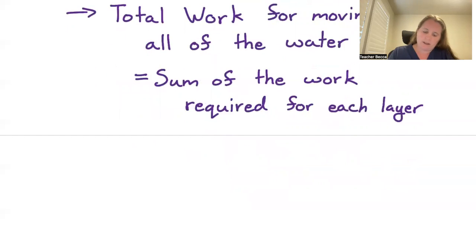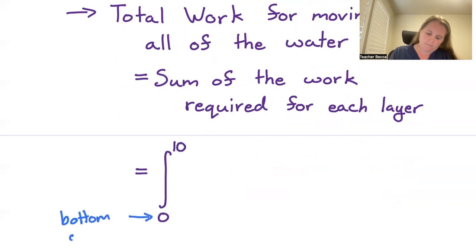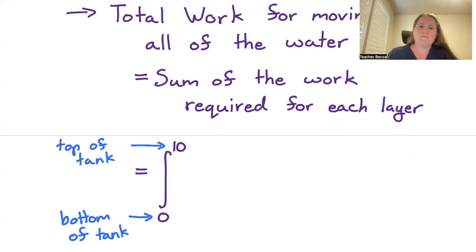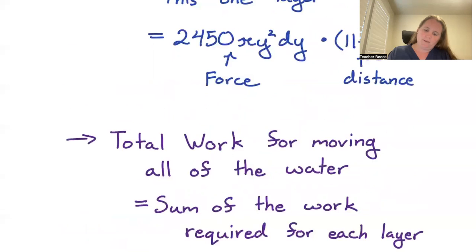And so if we add up all the layers, our layers go from y equals 0 to 10, right? So 0 is the bottom of the tank. 10 would refer to the layer at the top of the tank. Then we put our work for the sliver.